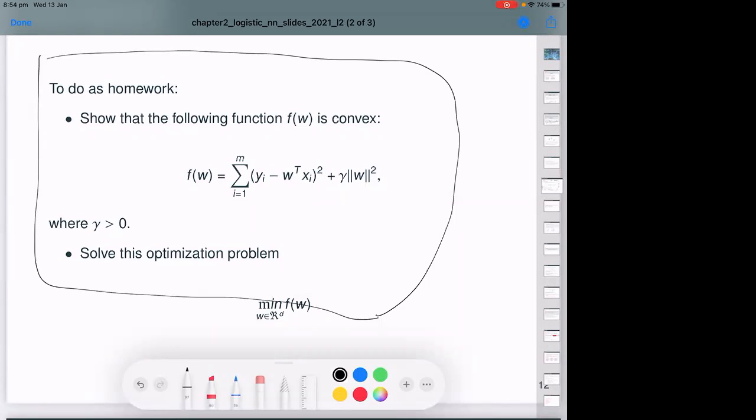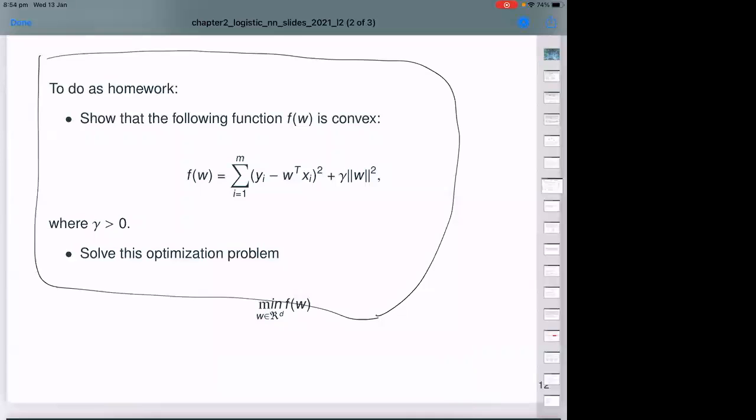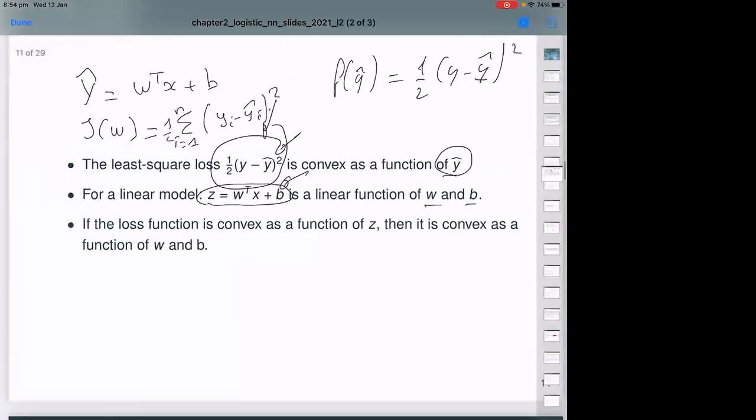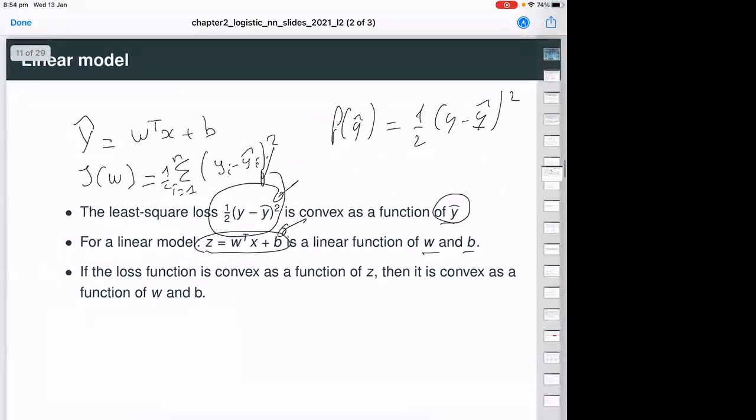Christina asked, why is this function still convex if y hat is negative? Okay, so how to prove that this function is convex? If somebody can help Christina. This is a function of y hat, okay? I can plot this function. Take the second derivative. Yes, take the second derivative. What is the second derivative of this?